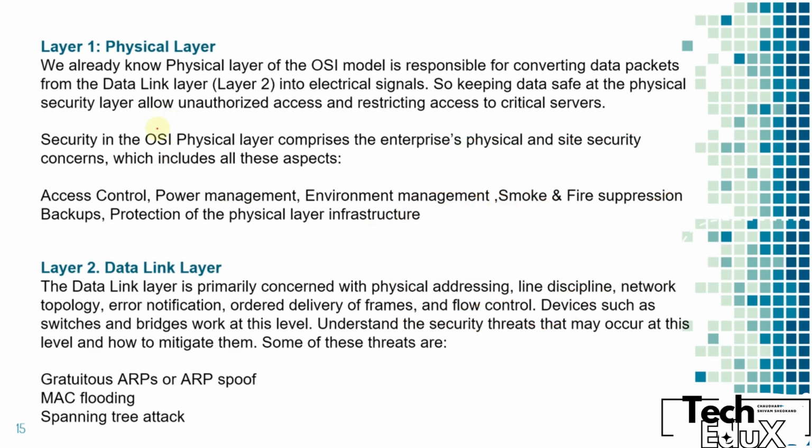Similarly, you need to make sure your power management is working fine. You have smoke and fire suppression devices installed. You must have backups, like UPS, uninterruptible power supplies. In case of a power outage, you should have a UPS in place.